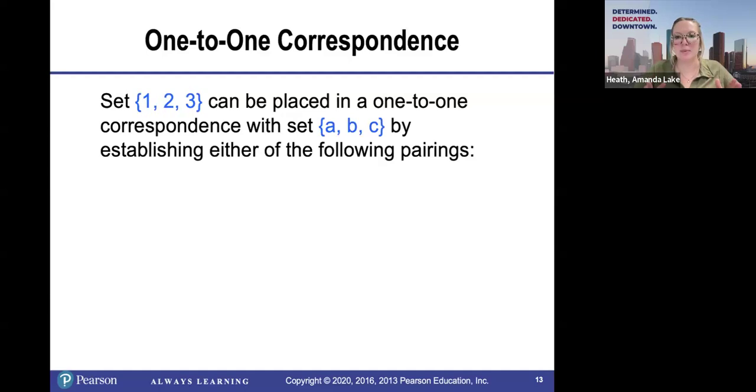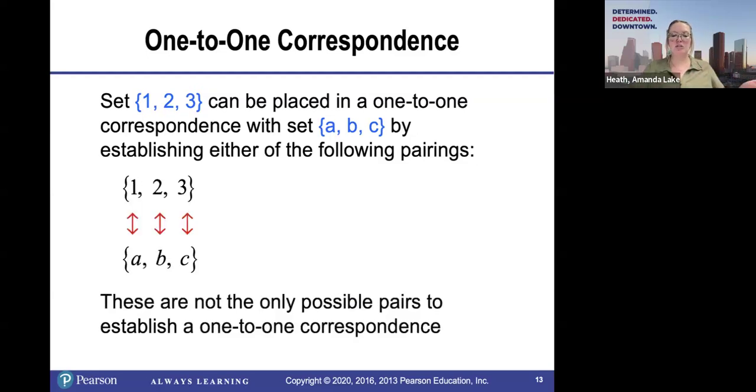For example, the set 1, 2, 3 can be placed in a one-to-one correspondence with the set A, B, C in either of these two ways. We could pair 1 with A, 2 with B, 3 with C. That is a one-to-one correspondence between these two sets. In fact, 1, 2, 3 is in a one-to-one correspondence with any set that has exactly 3 elements.